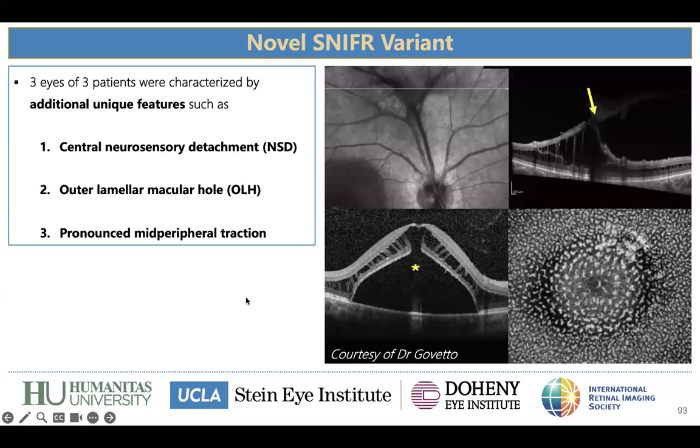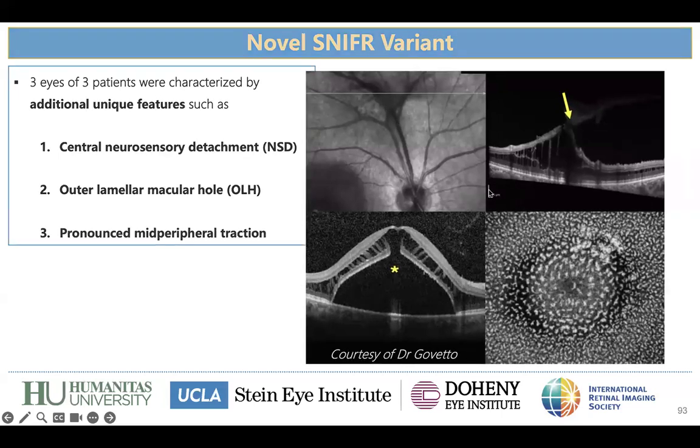is characterized by the presence of three unique additional features in addition to the foveal macular retinoschisis, which are the central neurosensory detachment, that you can see here with the yellow asterisk, together with the outer lamellar macular hole, and this very pronounced mid-peripheral traction, in this case at the level of the supratemporal arcade.